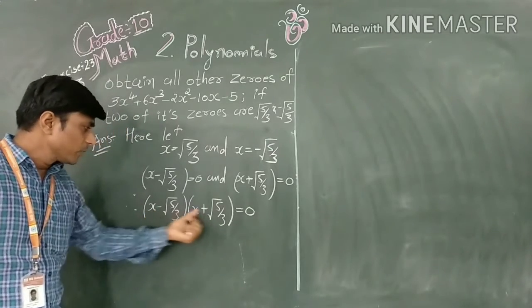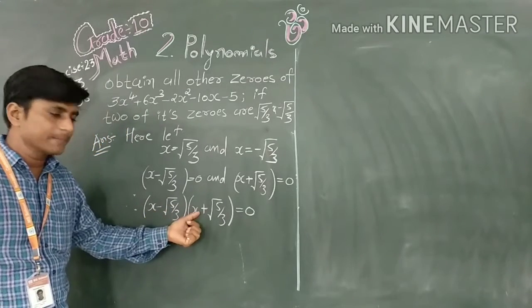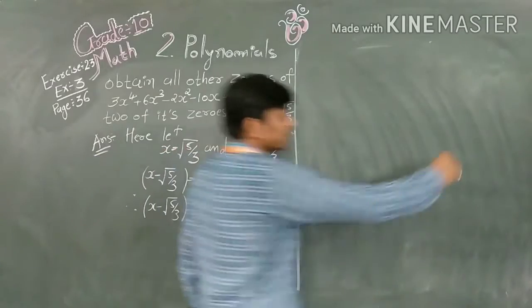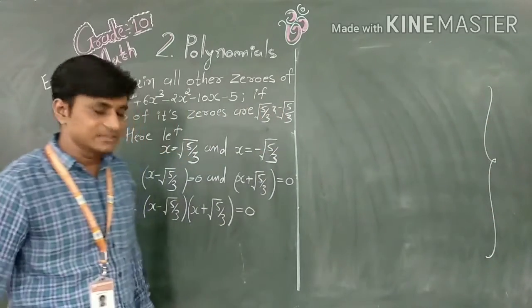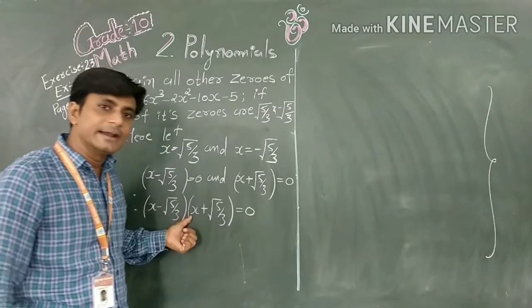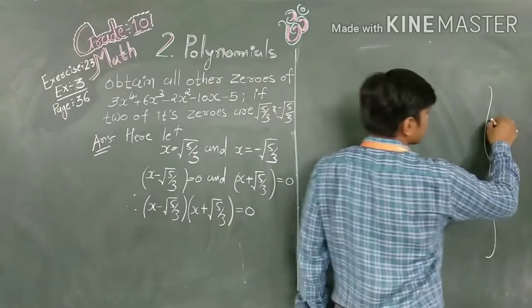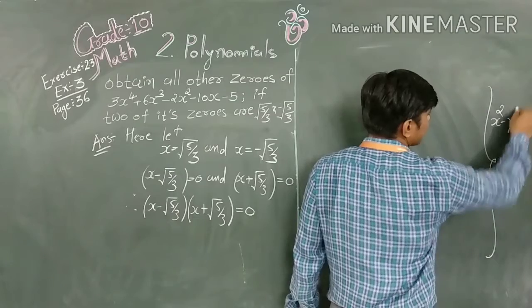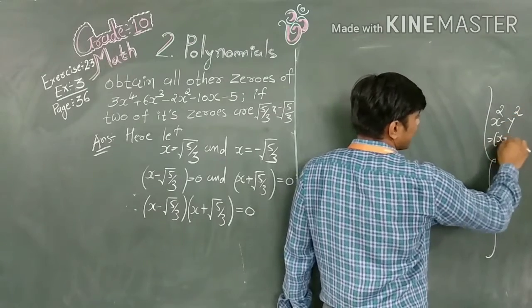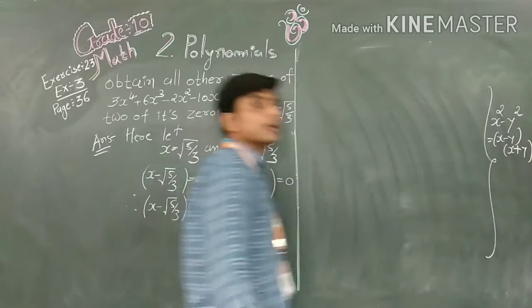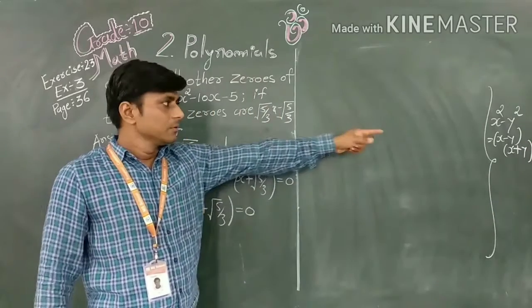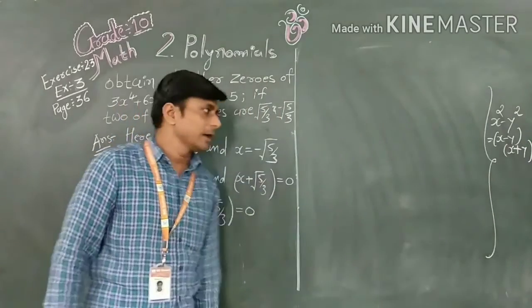Now simplify these two brackets. What is the product of these two brackets? In previous standards you all know some identities. We use one identity here. What is that? x square minus y square is equal to x minus y into x plus y. We use that formula.